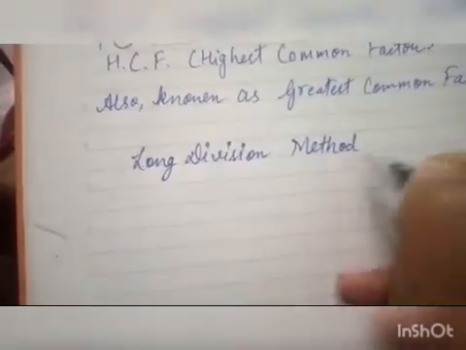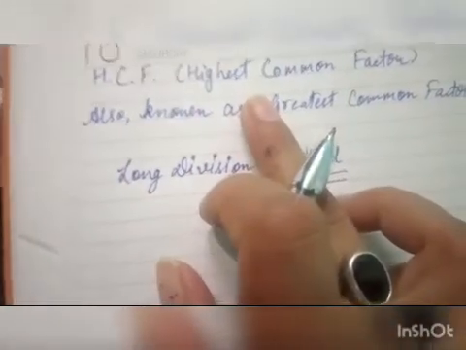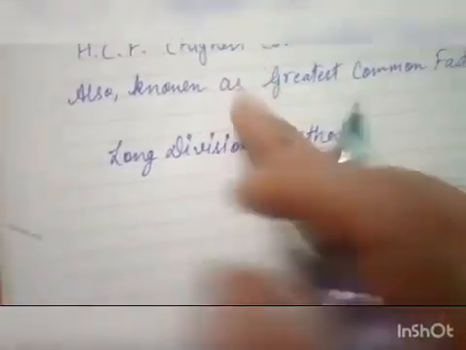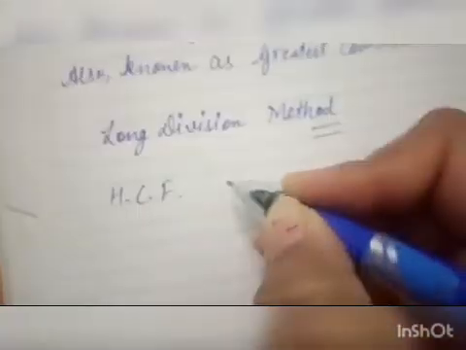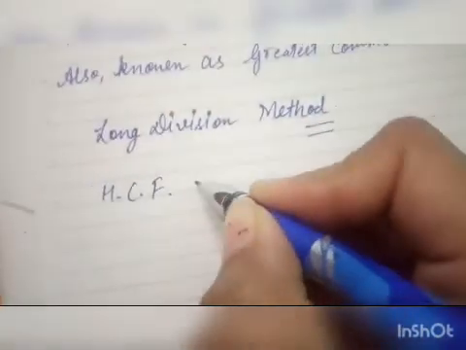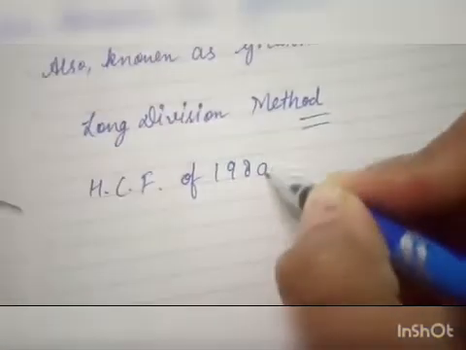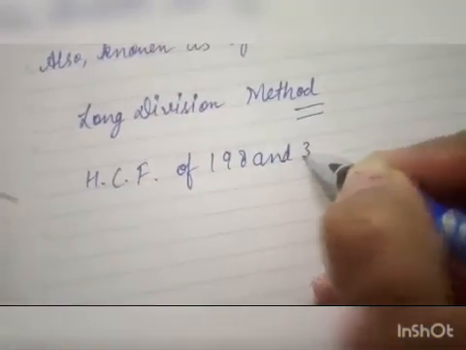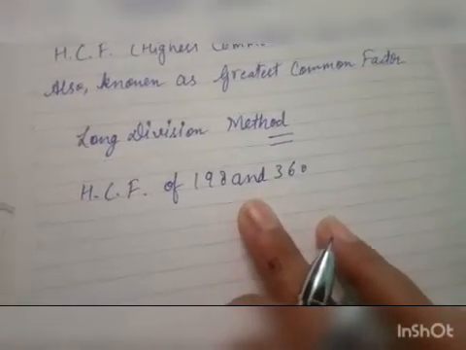Today we are going to use the long division method for finding the highest common factor of 198 and 360. Suppose we have these two numbers. This is not given in your book, but this is just for the purpose of practicing.